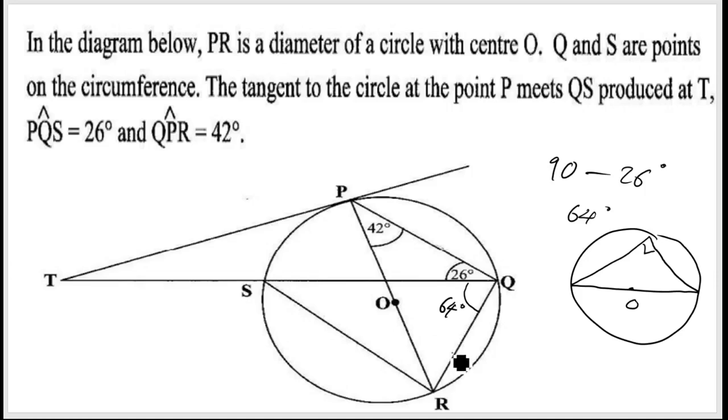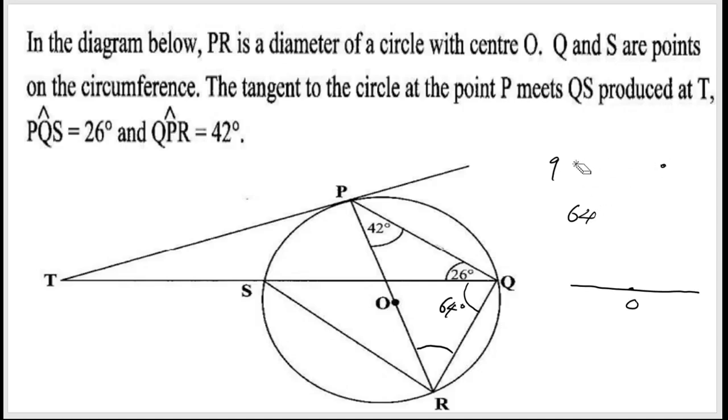We can also find this angle by using the fact that the angles in a triangle, when you add all three angles, give 180. So this angle plus this angle plus this angle adds up to 180. To find this angle, I am simply going to subtract the sum of these two angles from 180.